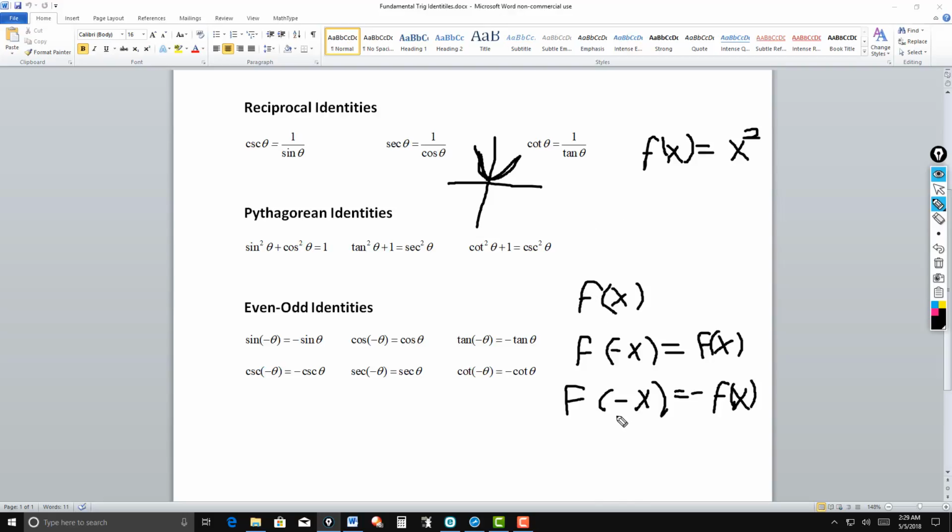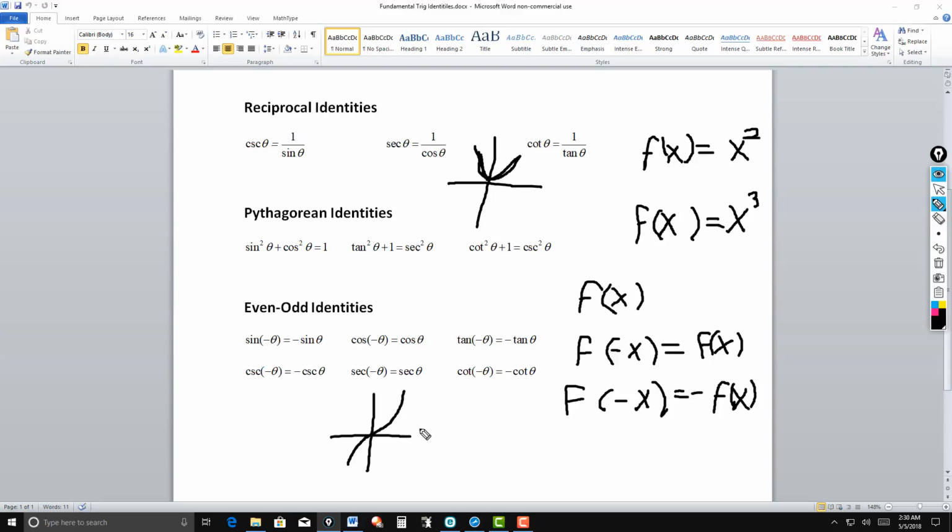Now, if the other thing happens, if f of minus x is equal to minus f of x, then I've got an odd function. So let's look at, say, f of x equal to x to the third. Now the graph of that cubic function is going to look something like this.